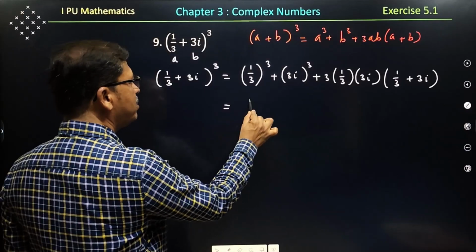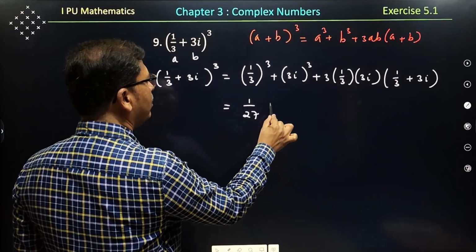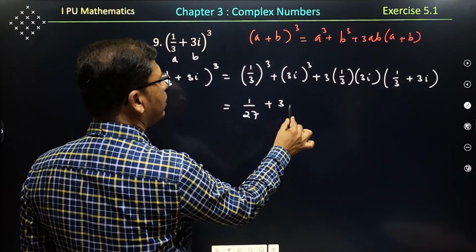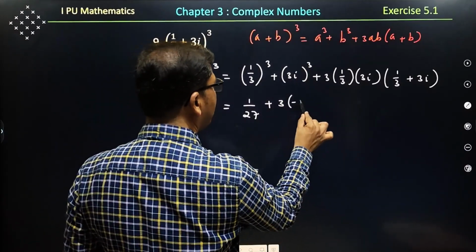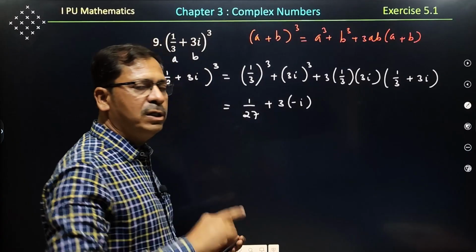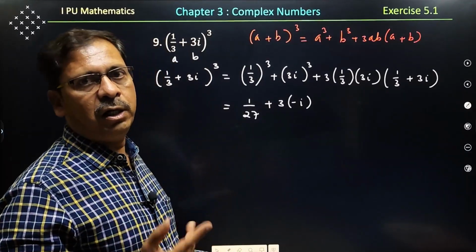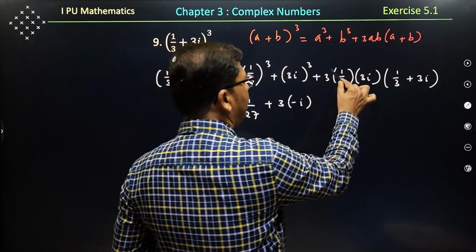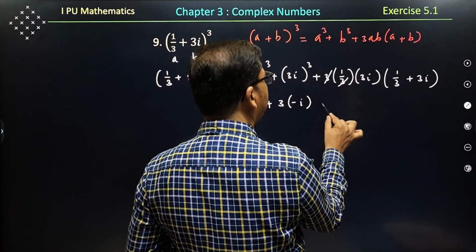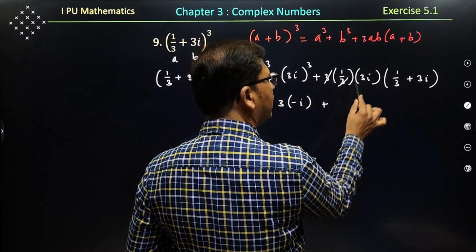This is 1 by 27 plus 3 into, here, i to the power 3. i cube value is minus i, because it can be written as i square into i. i square value is minus 1, minus 1 into i is minus i. Now 3 and 3 can be eliminated. Plus 3i remains.